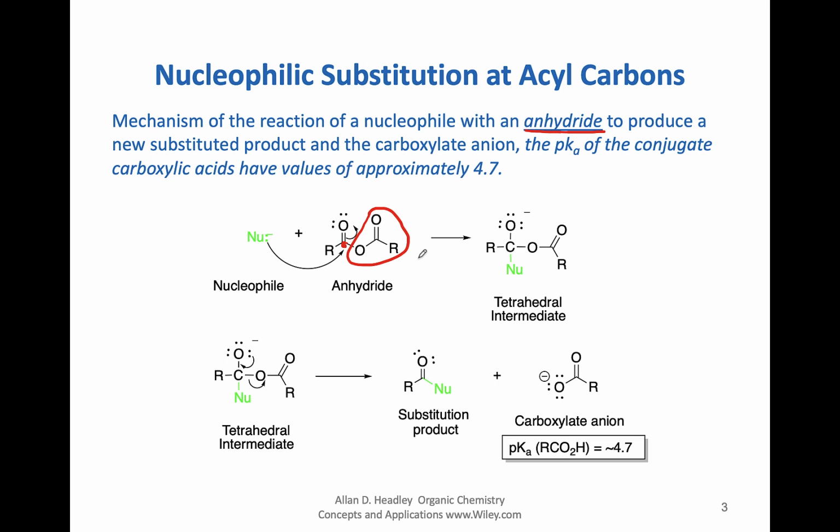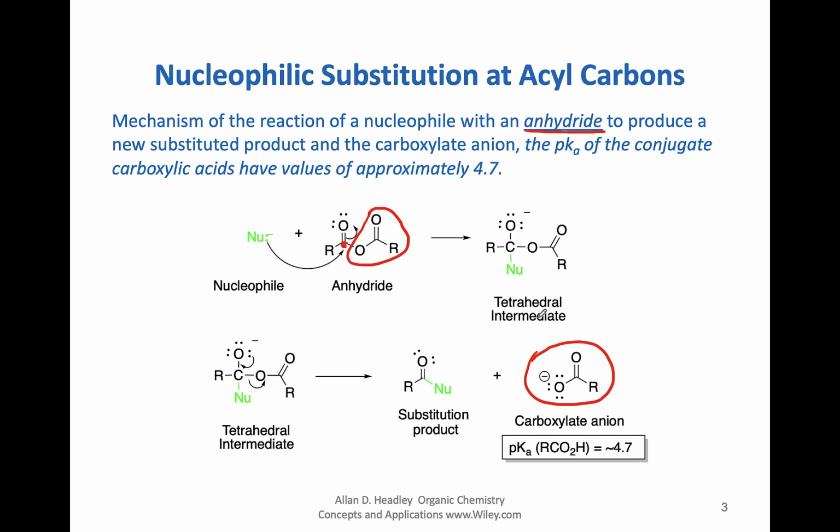As you can see from the mechanism, here is the leaving group leaving, which is the carboxylate anion. The question now is, is that a good leaving group? To determine that, we can determine if it's a weak or strong base.